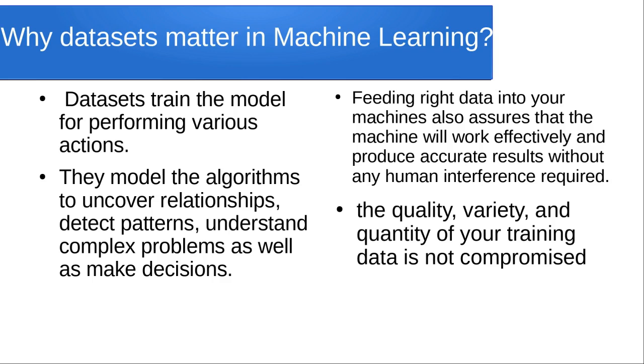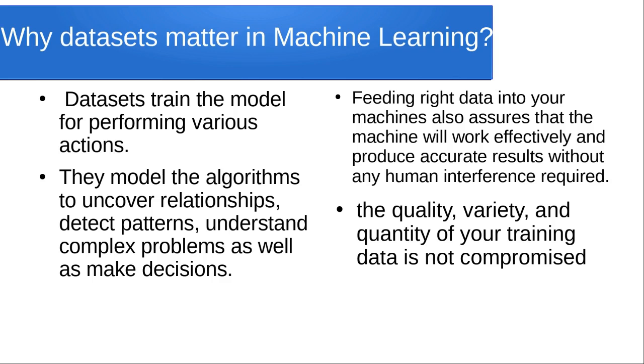We can think of machine learning data like survey data, meaning the larger and more complete your sample size is, the more reliable your conclusion will be. Datasets help bring the data to you. Datasets train the model for performing various actions. They model the algorithms to uncover relationships, detect patterns, understand complex problems, as well as make decisions.